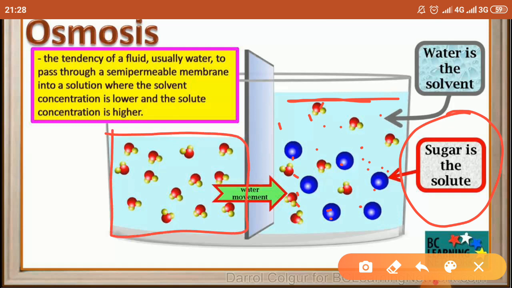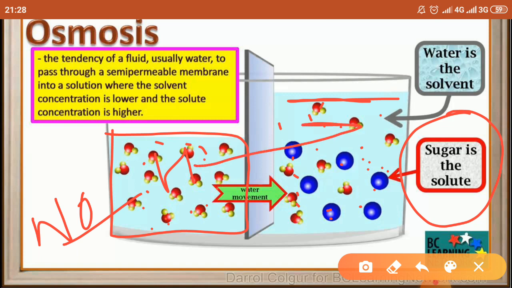There is no solute particle here. So the water will start moving from its higher concentration to its lower concentration. Osmosis is fluid movement, water movement through this semi-permeable membrane.